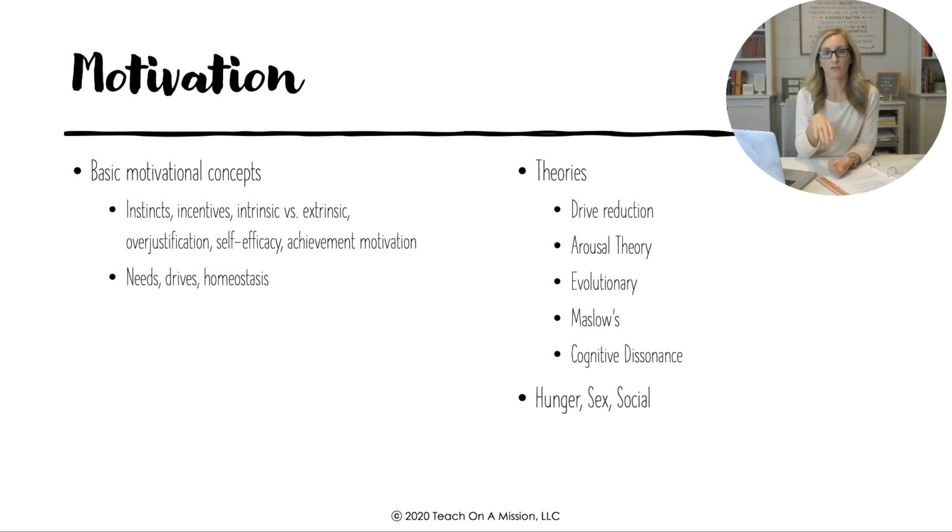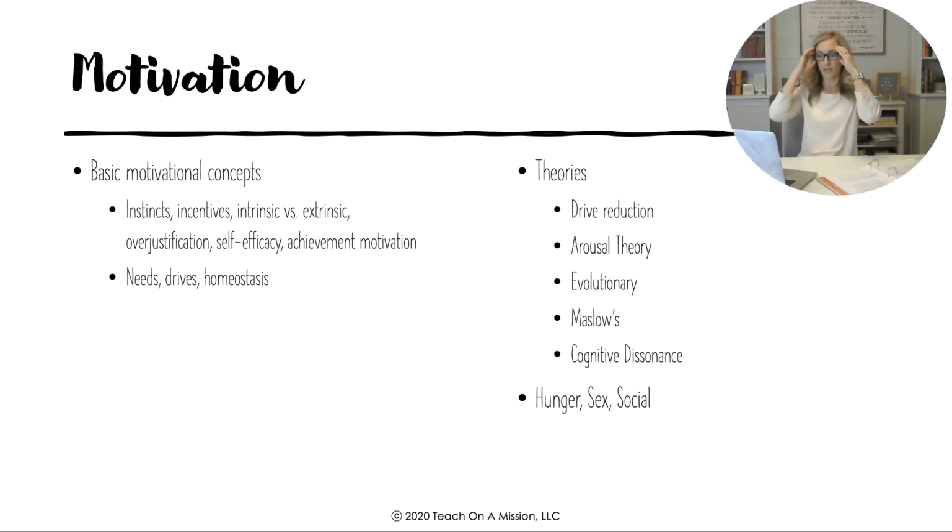Then the overjustification effect talks about intrinsic versus extrinsic, and how, for instance, if parents start rewarding their child extrinsically, their child who started off intrinsically motivated, their rewarding and using extrinsic motivation is going to totally squash her intrinsic motivation and really her motivation altogether.